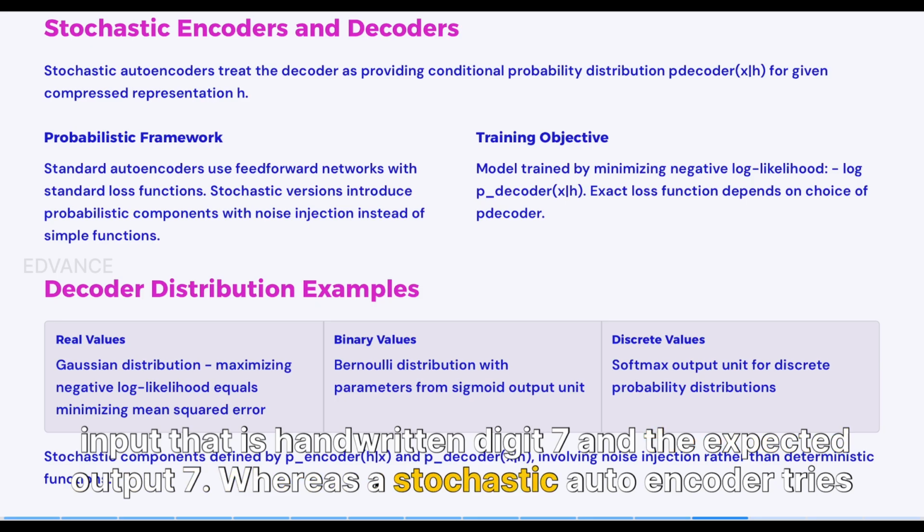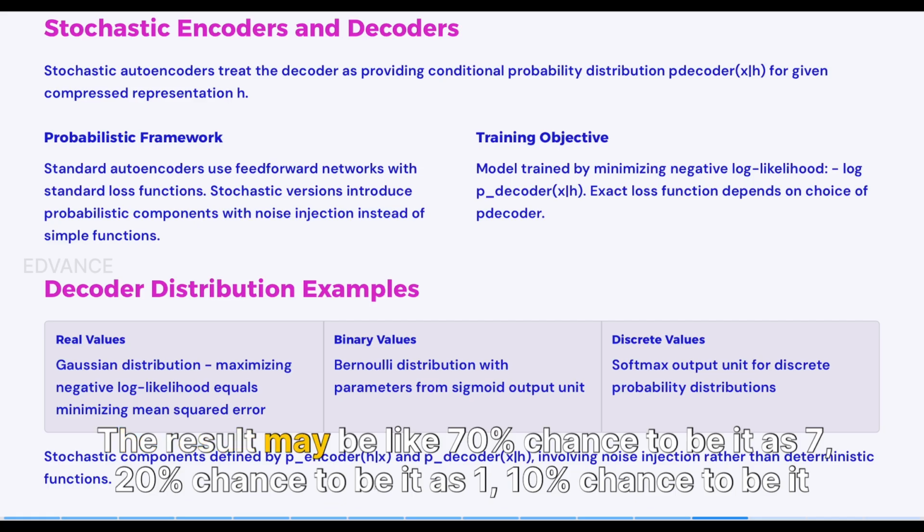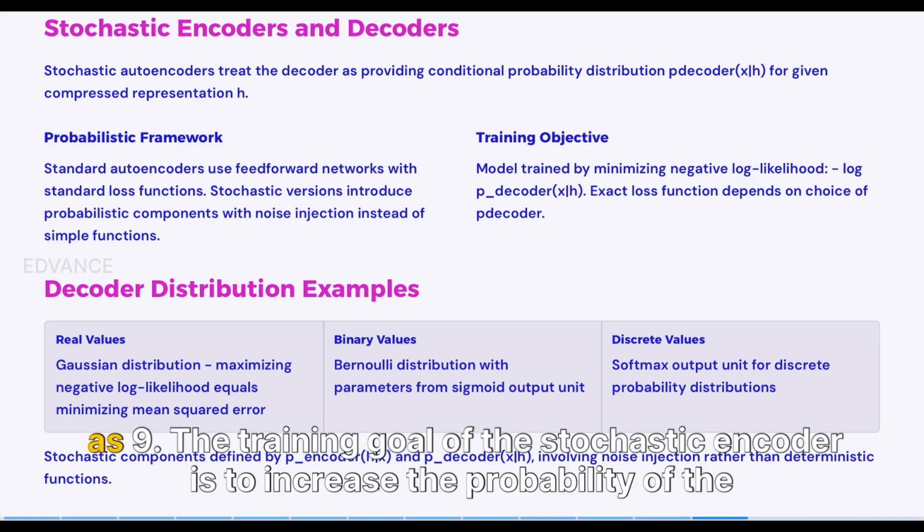Whereas a stochastic autoencoder tries to find what is the probability that this noisy input actually represents a 7 when decoded. The result may be like 70% chance to be 7, 20% chance to be 1, 10% chance to be 9.